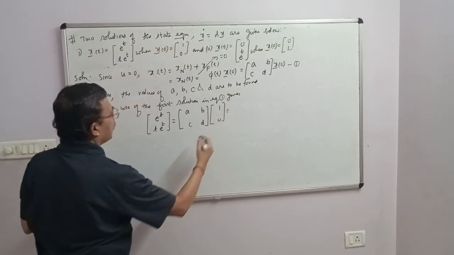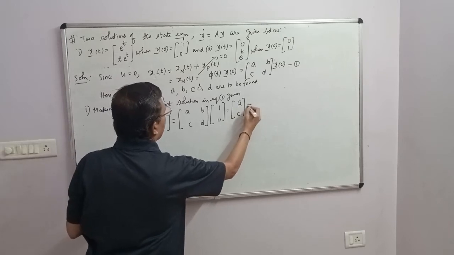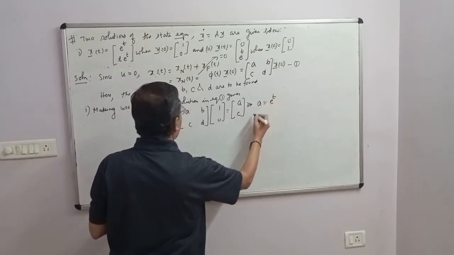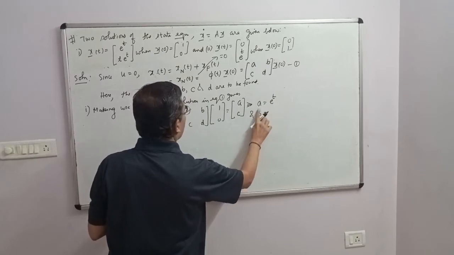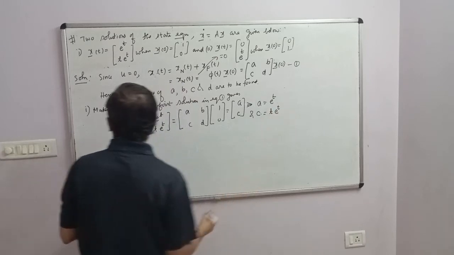So if you multiply this, you get a, c. This implies a must be e to the power t, and c must be t into e to the power t.